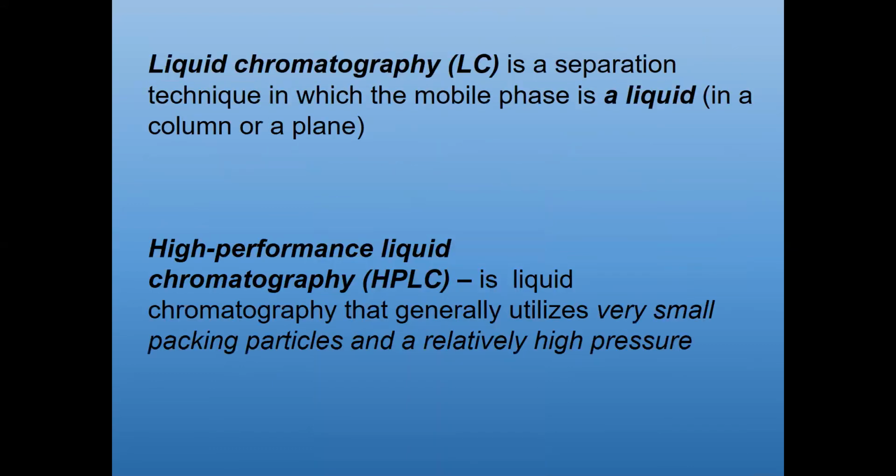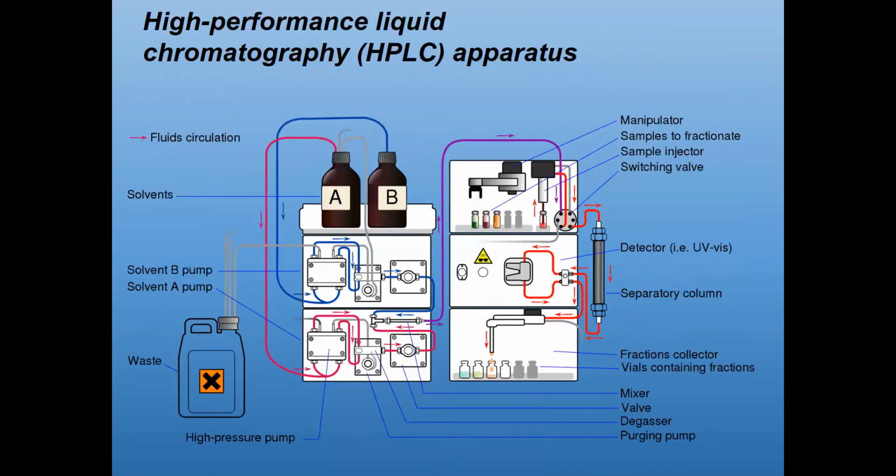Liquid chromatography is a separating technique in which the mobile phase is a liquid. High performance liquid chromatography is liquid chromatography that generally utilizes very small packing particles and a relatively high pressure.